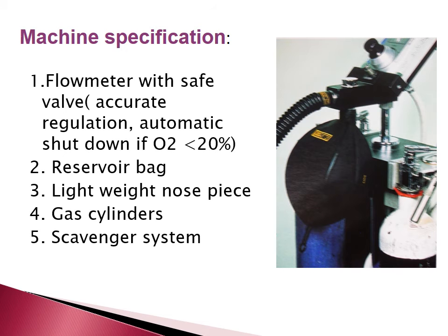The machine for nitrous oxide has a flow meter, safe valve, reservoir bag, a light piece of nose, gas cylinders, and scavenging system.